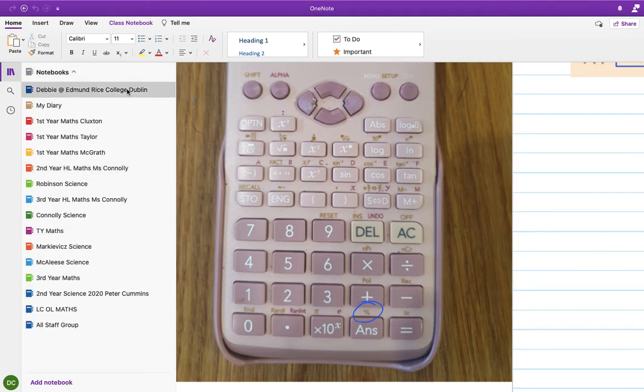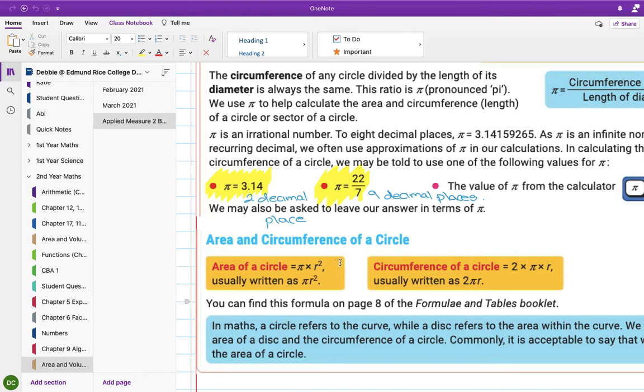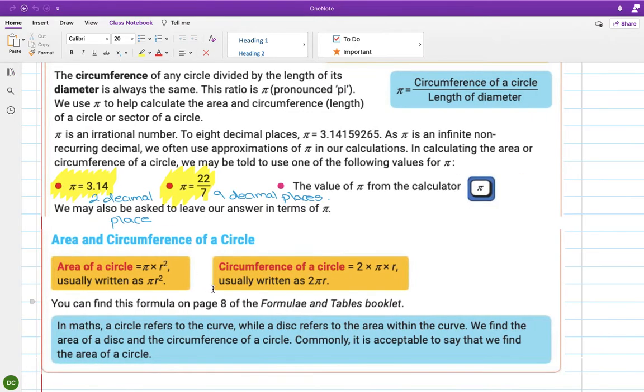But that's where it is. And the pi button on your calculator, let's try it again. 1, 2, 3, 4, 5, 6, 7, 8. Yeah, that's 9 as well. That's why I think maybe the 22/7 could be more decimal places than 9.